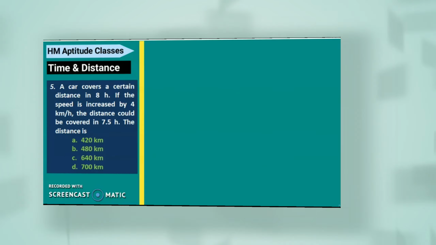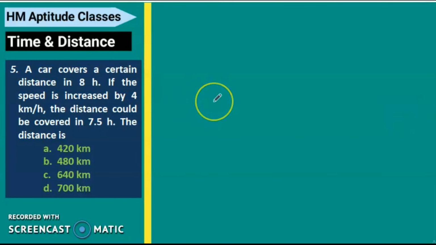Next, the last question is that a car covers a certain distance in 8 hours. If the speed is increased by 4 km per hour, the distance could be covered within 7.5 hours. What is the distance?